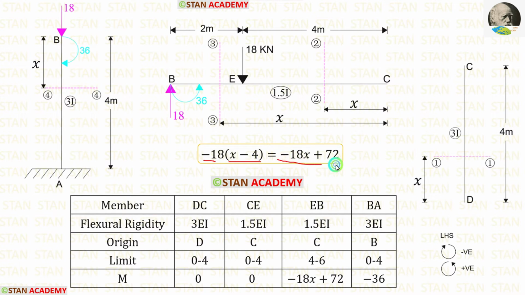When we do that, we are getting this. Now let us find the moment in BA. For this load 18, there is no perpendicular distance, so we can't consider that. This moment is acting in the clockwise direction, so it will be negative.